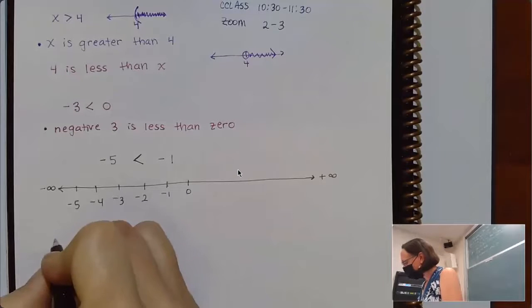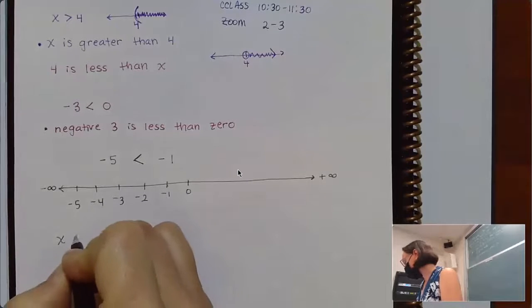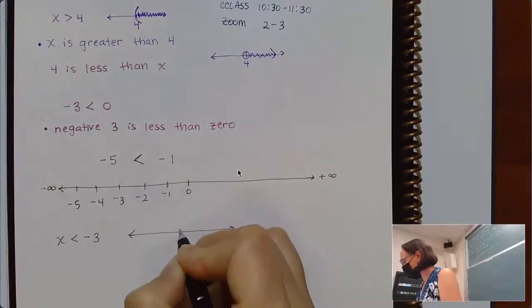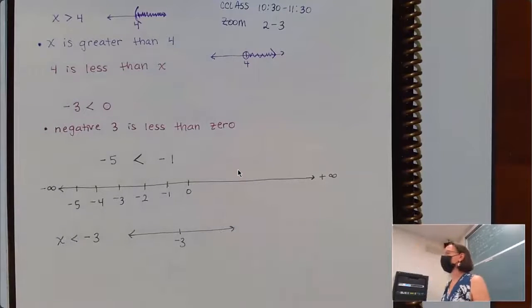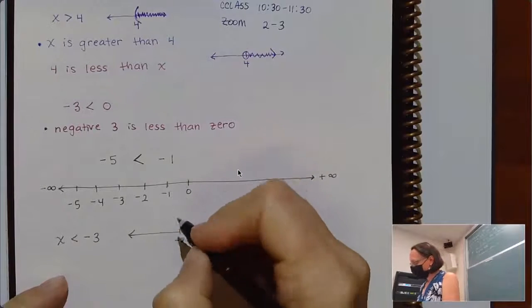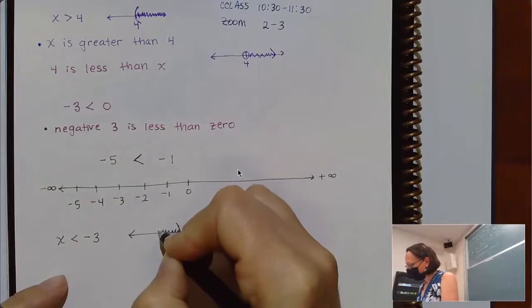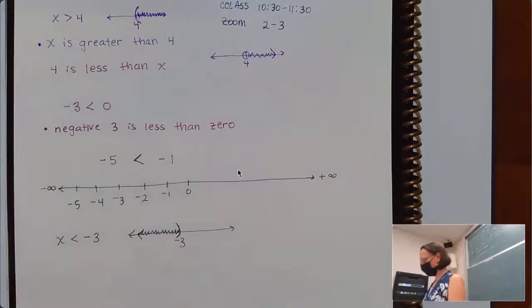So let's say that I had X is less than -3. And again, -3 is really the only thing that has to go on that number line. I'm going to put parentheses and sketch it in this way.